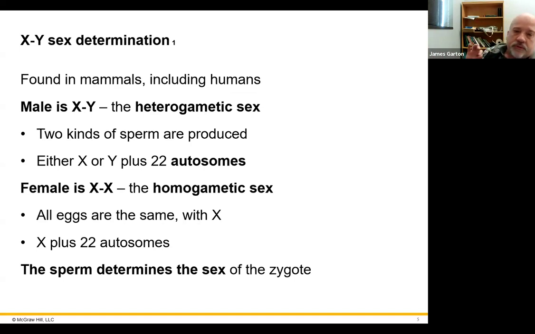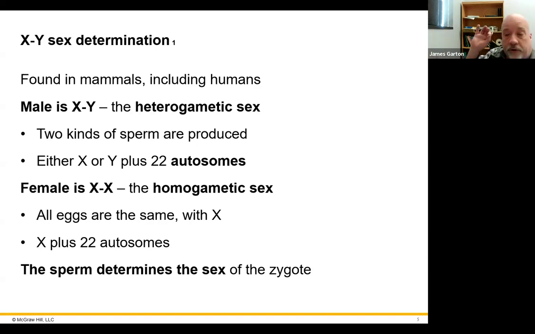But in mammals, we say they use the XY sex determination system. The male is XY, or the heterogametic sex, because this allows the male to make two different kinds of sperm, one carrying the X and one carrying the Y. And the female is XX, homogametic.